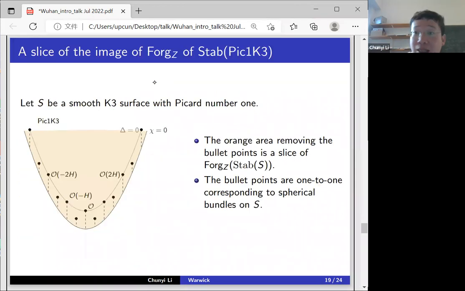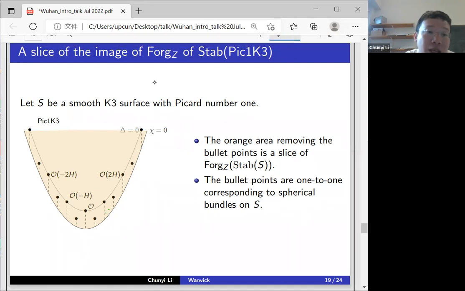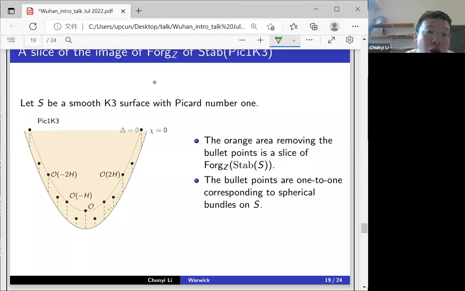And the next slide is a cartoon trying to explain that. Here we have this cartoon, this orange part, obtained by removing all of its bullets. Actually, there are infinitely many bullets in each interval, but I couldn't draw them clearly in this picture.